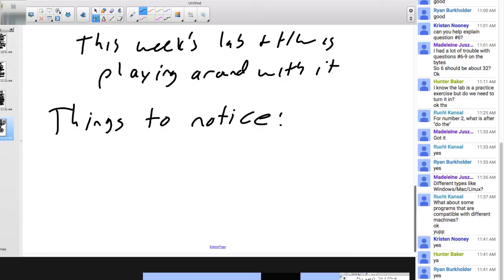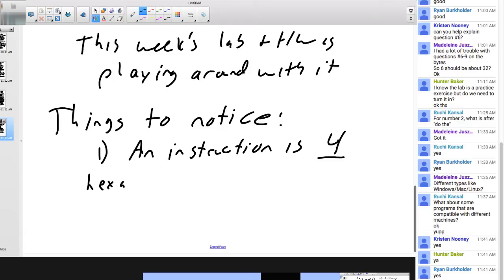First of all, an instruction is 4, always 4, not 3, not 5, hexadecimal digits. Every instruction you would write in this machine language is 4 hexadecimal digits.